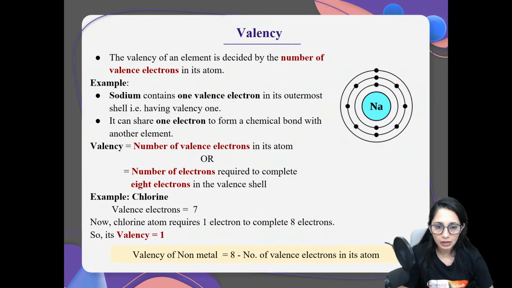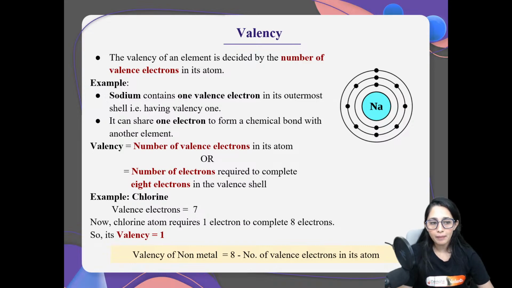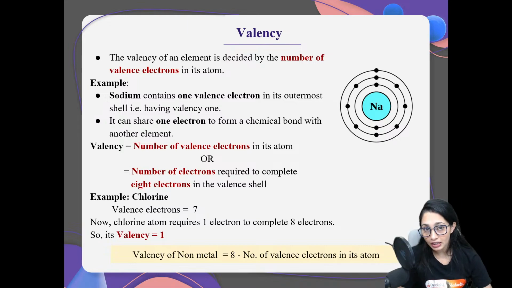The valency of an element is decided by the number of valence electrons in its atom. For elements with valence electrons greater than 4, valency is 8 minus the number of valence electrons. If it is less than 4, then valency is equal to the number of valence electrons.